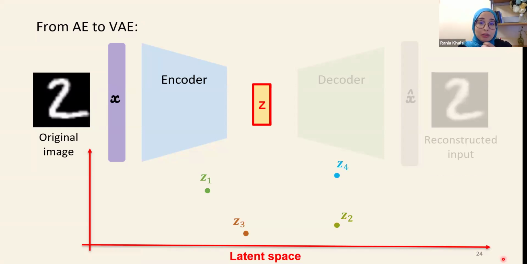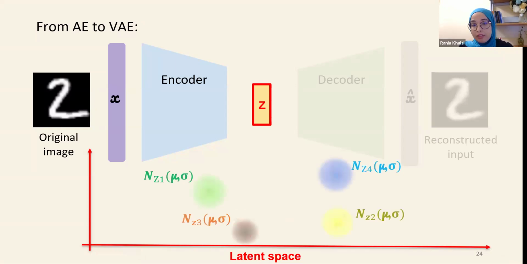What about encoding Z as a distribution? Instead of representing these as deterministic data points, we will have a Gaussian distribution. For each of these z's, we have mu and sigma, and we have a Gaussian distribution.